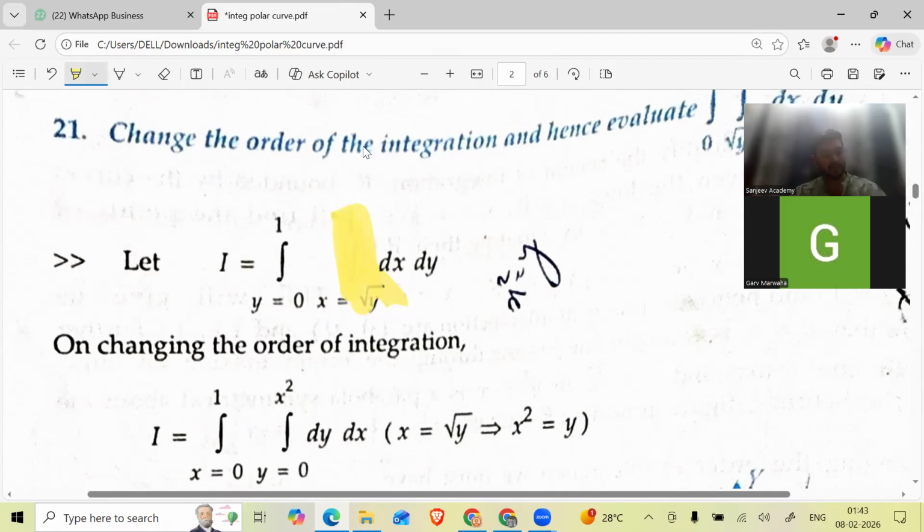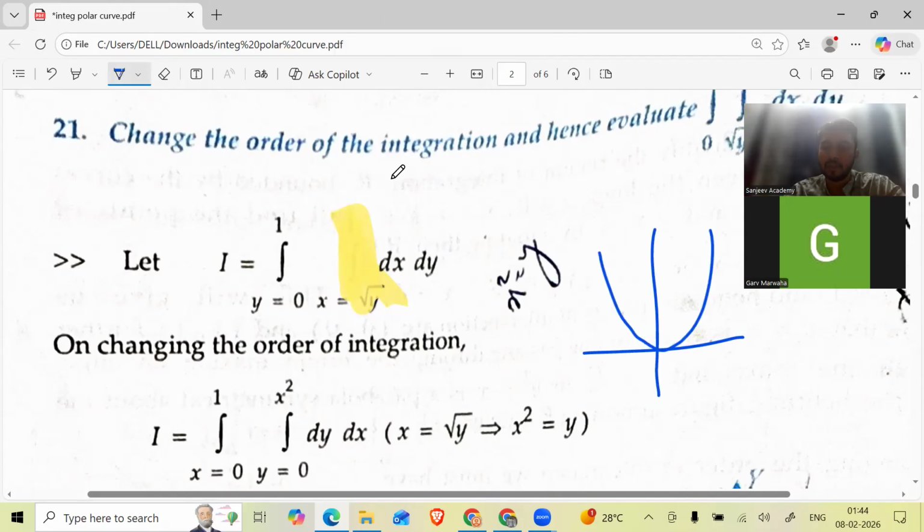I can draw this. X square is equal to y. And y varies from 0 to 1. So y varies from 0 to 1. That is a simple thing.